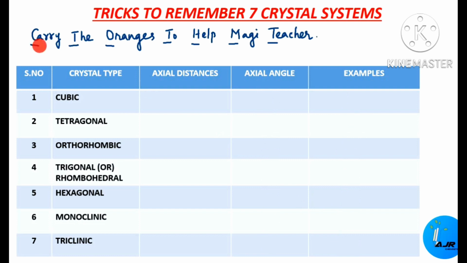Understood, students? So carry the oranges to help Maggie teacher is the mnemonic which I have framed to learn these 7 crystal types. Okay, now let us see one by one. First, let us learn how to write the axial distances. So first comes cubic, tetragonal, orthorhombic, trigonal, hexagonal, monoclinic, triclinic.